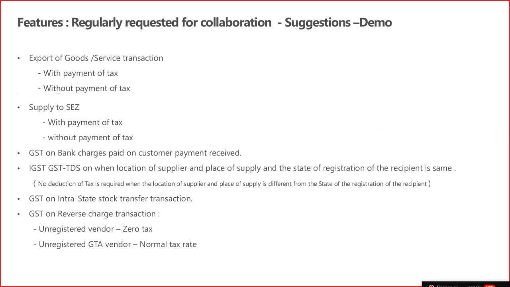And again, whatever tax is paid is refundable as well. So the accounting is different and the treatment is different, because even if the supplier and receiver are both in the same state, the tax will be IGST. So that is the behavior required for export and SEZ. And if time allows, I will discuss quickly those two scenarios.